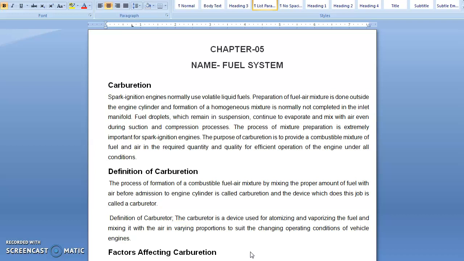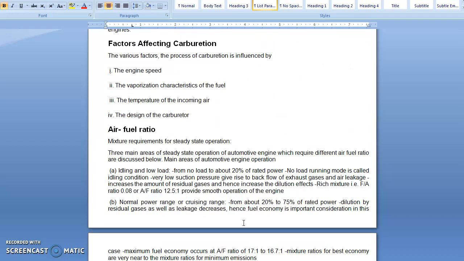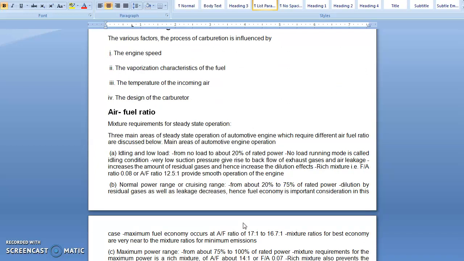So, here it is written carburation. Carburation is basically a process which takes place inside a carburetor, where every droplet of the petrol is converted into a fine spray. That is named the air-fuel ratio.